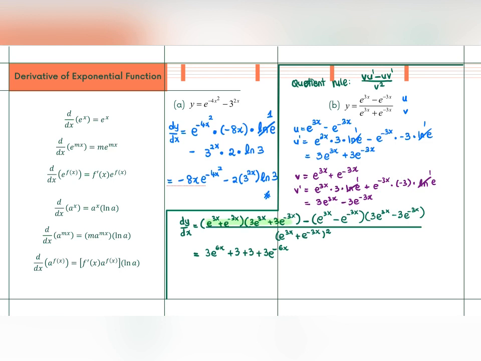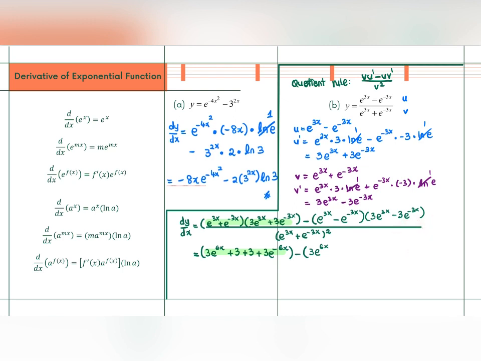Yang ini, kita baru dapat ini. Okay, kemudian minus. Okay, ini saya buat bracket. So this one will be the same thing. Here dapat 3e 6x. Okay, kemudian ini darabkan dengan ini. So kita dapat negatif 3. Sebab e 3x darabkan dengan e negatif 3x dapat e of 0. So dapatlah 1, kan?